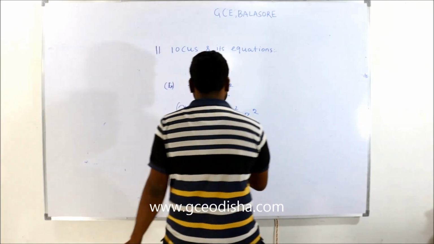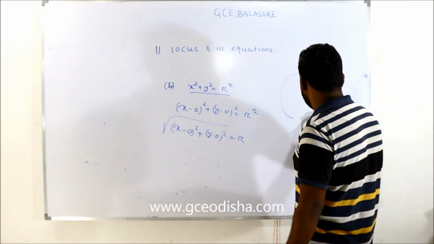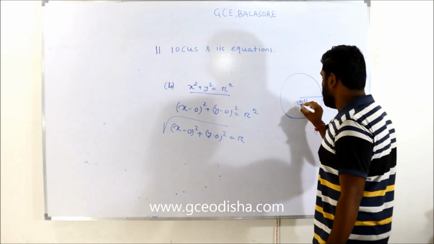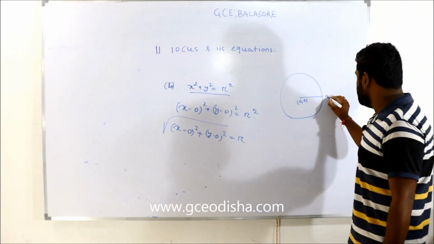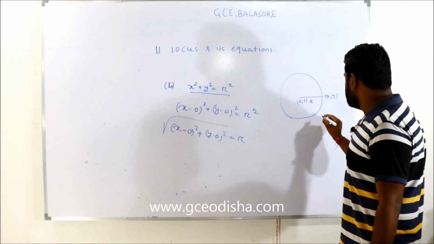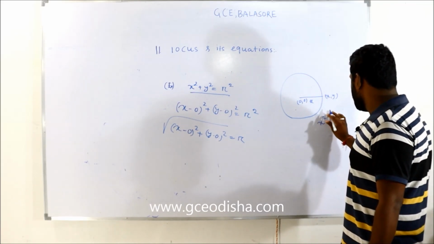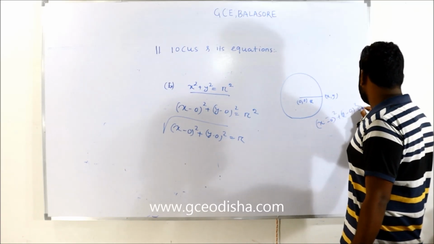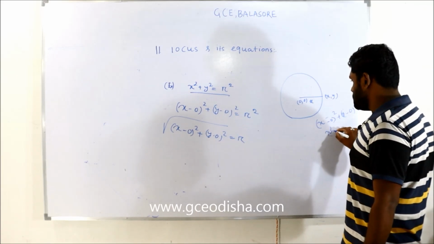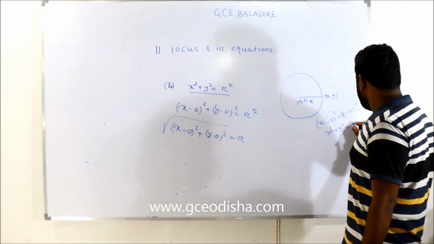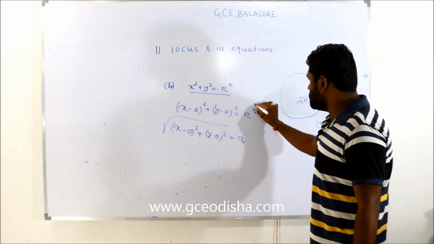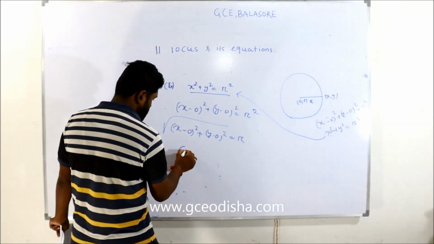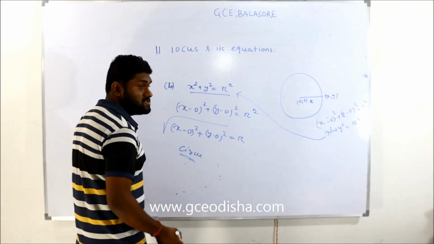As you know, in a circle, if the center starts from the origin, and this point is xy and this is r, then the equation is x minus 0 square plus y minus 0 square is equal to r square. So x square plus y square is equal to r square. This is the equation of the circle. Okay, the answer will be the equation of the locus of the circle.